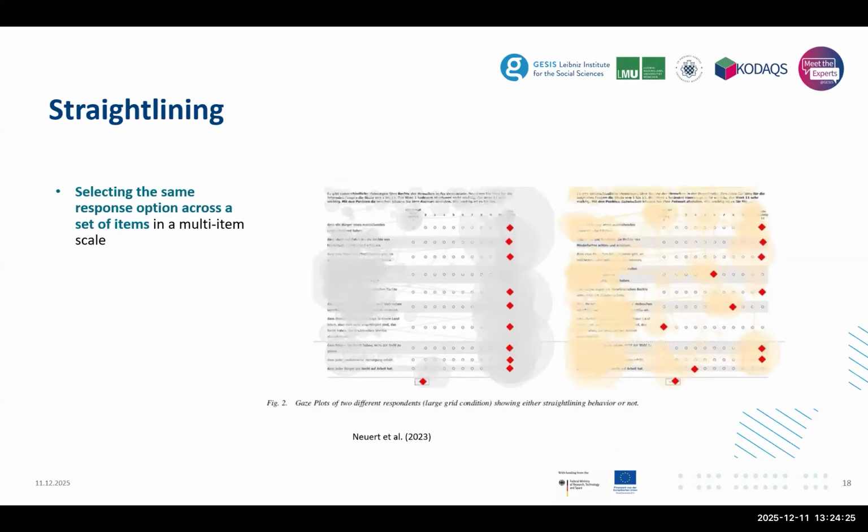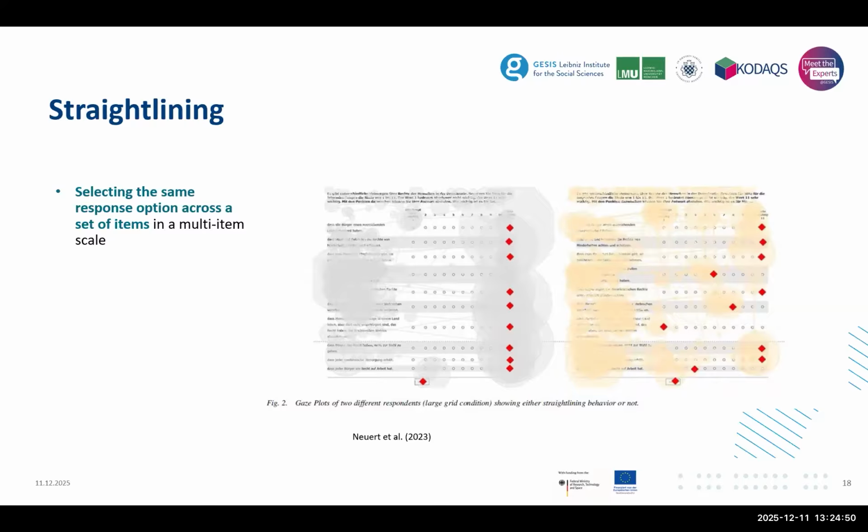Another response strategy, which I also talked about briefly before, is straight lining. Just to give you a visual example of that: as I mentioned, straight lining is selecting the same response option across a set of items in a multi-item scale. Here you can see two graphs from a paper by Neuert et al. from 2023.